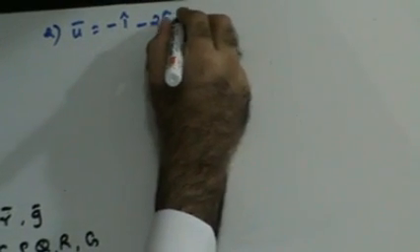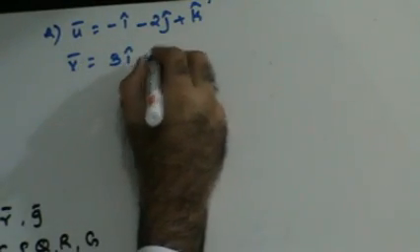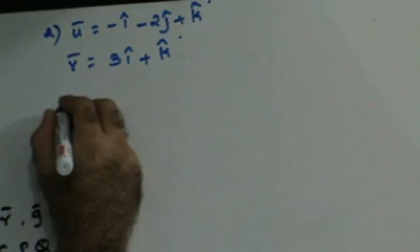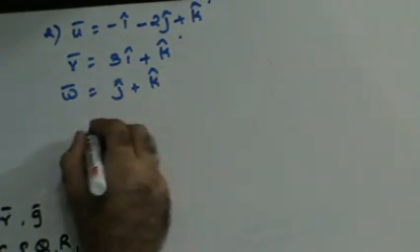U vector is minus i vector minus 2j vector plus k vector. V vector is 3i vector plus k vector. W vector is equal to j vector plus k vector.